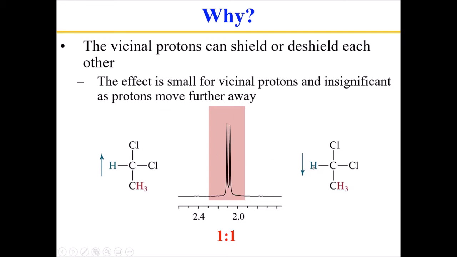So the splitting occurs because the neighboring hydrogen, if it's 3 bonds away, will act as a little bar magnet and either help the externally applied field, which shifts to the left, or shield or hurt the externally applied magnetic field by shifting to the right. So that's the nature of what causes splitting. It's because those neighboring hydrogens are messing with that externally applied field, and the more neighboring hydrogens you have, the more messing with that will occur.